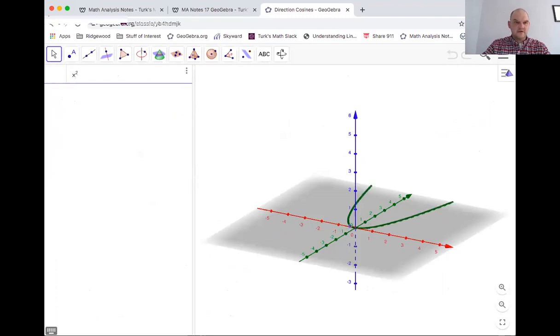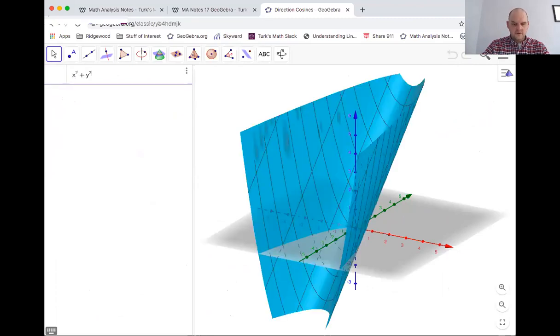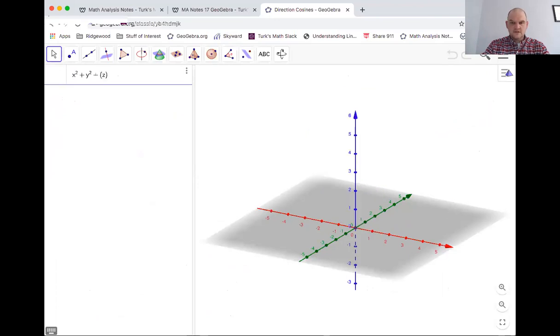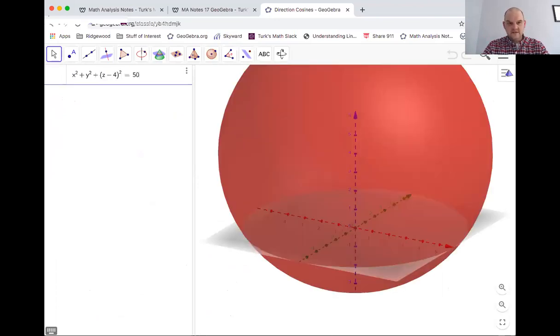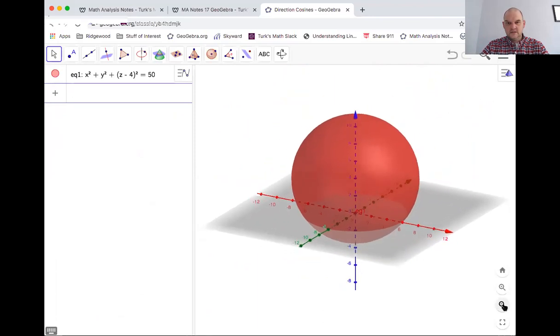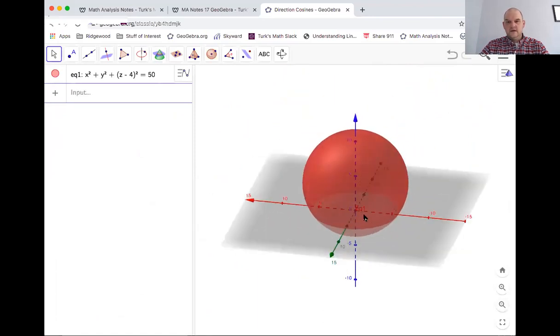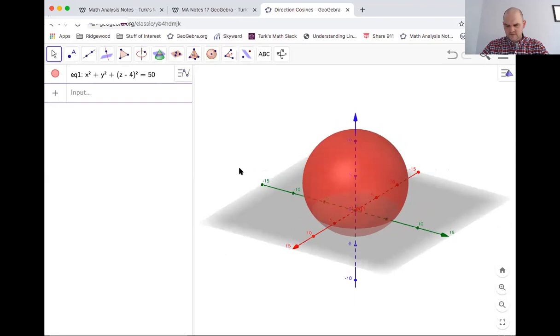So I'm going to graph the sphere, x squared plus y squared plus z minus 4 squared equals 50. So that's big. I'm going to zoom out so that it's like, there. All right, so now I'm going to plot the line that we wrote.